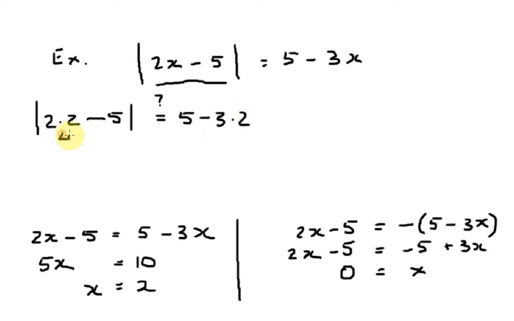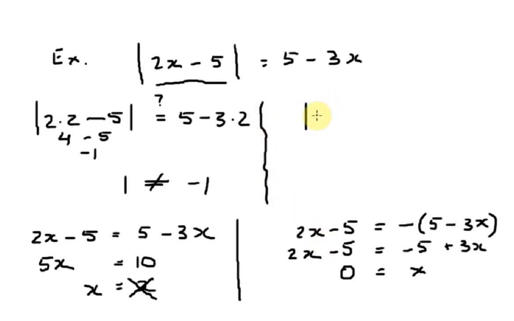Well, here I'm going to get 4 take away 5, so that's negative 1, but it gets turned positive, so it turns into positive 1. And guess what, folks? That does not equal 5 take away 6. So this is not a solution. The 2 did not work, so we have to ignore that. Now, what about the 0?